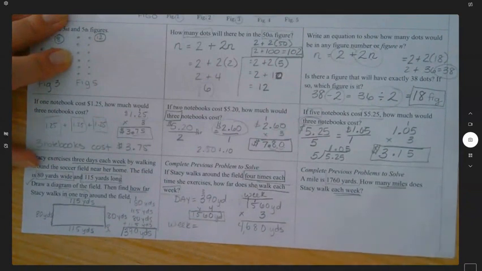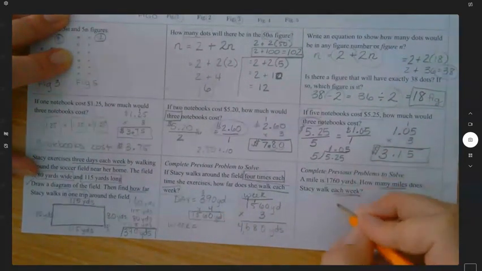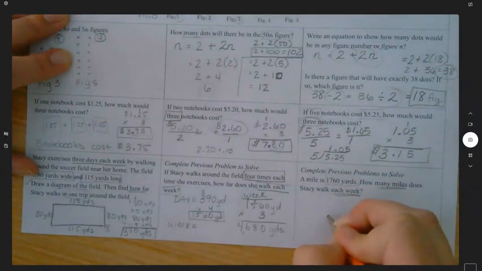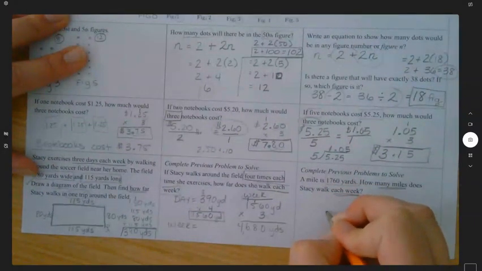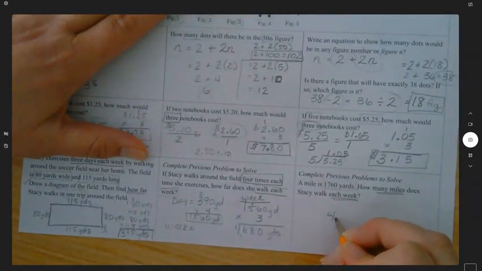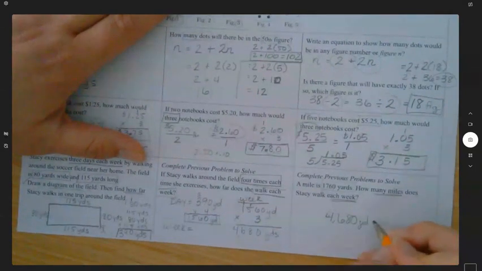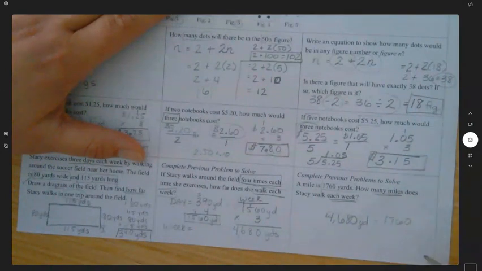So what we'll do is we will take our yards, 4,680 yards, and we want to divide that by how many yards are in a mile.